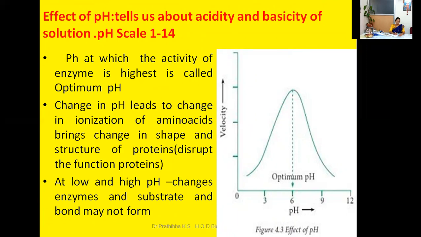At very low and at very high temperature, the enzyme and substrate change and bonds may not form. If there is a high pH also, bonds will not form, and that affects the rate of reaction.